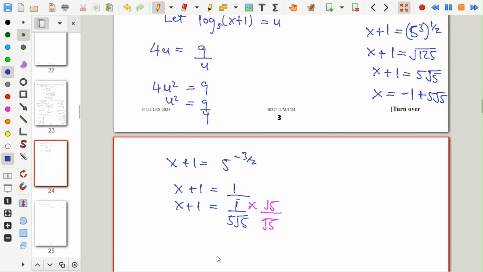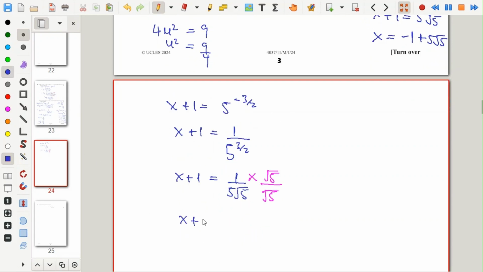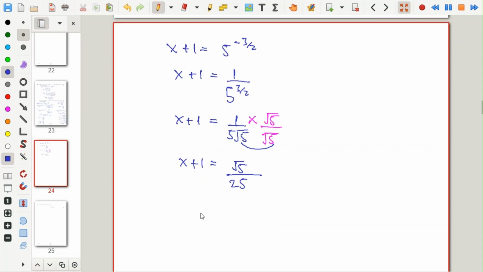So this should give us root 5 times root 5, you get 5. 5 times 5 is 25. So this one can be written as minus 1 plus root 5 over 25.